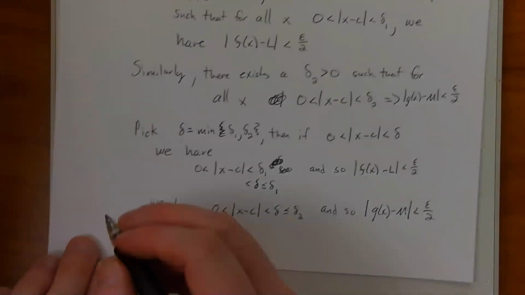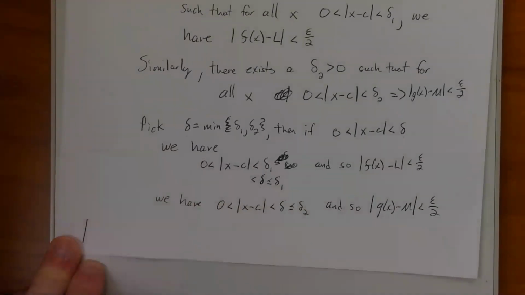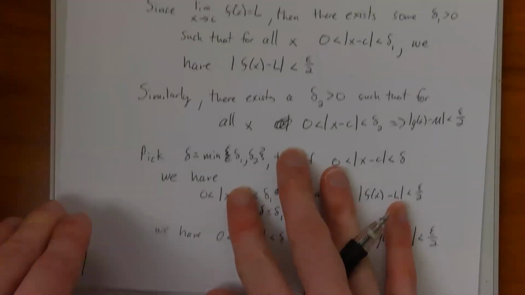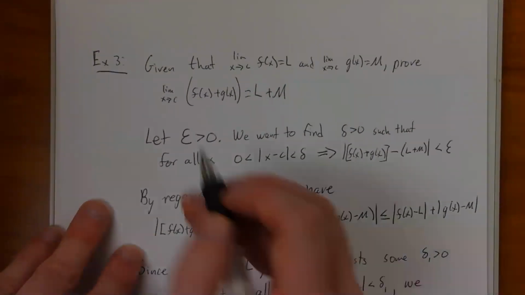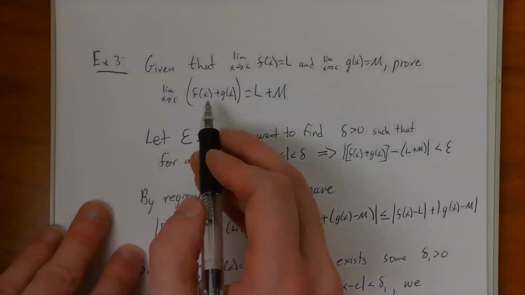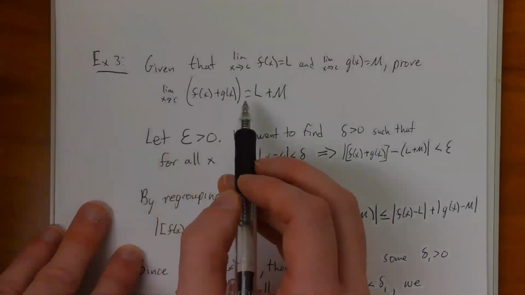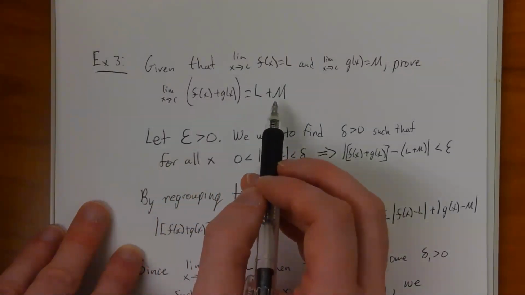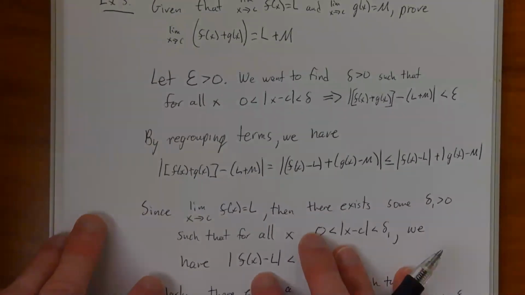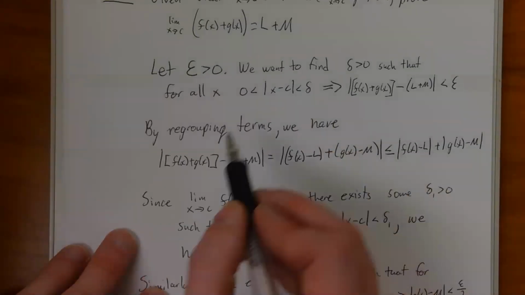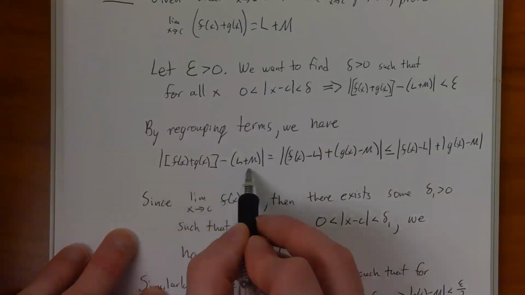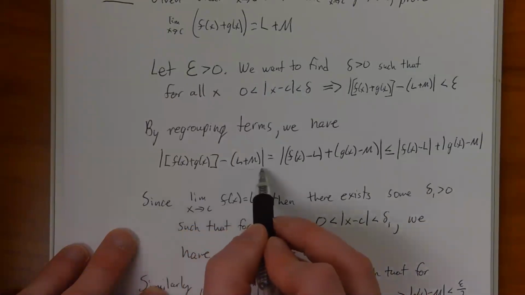Well, put all of that together. What do we want to show? Reminder that we want to show the limit as x approaches c of f of x plus g of x is equal to L plus M. This means that we want this statement right here to be less than epsilon.